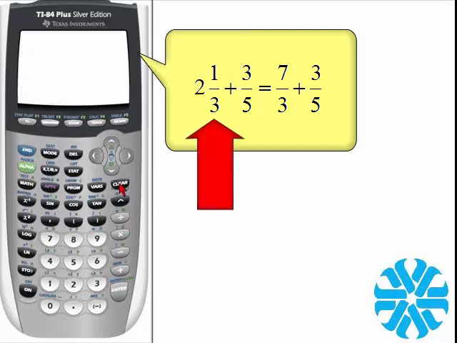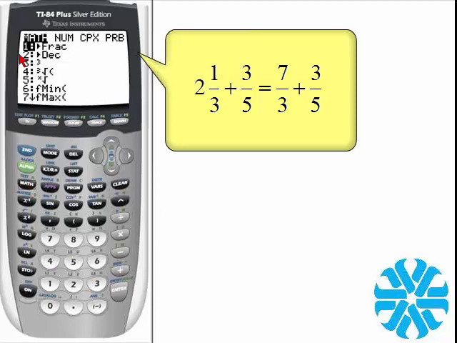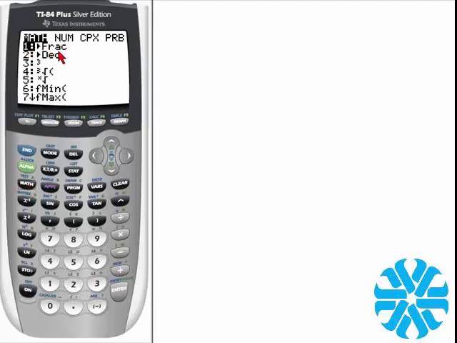So 2 1/3 is the same as 7/3. So that's 7 divided by 3, and then we're adding that to 3/5, plus 3 divided by 5, and hit the Math button, select number 1 for fraction, and then select enter to get the result.